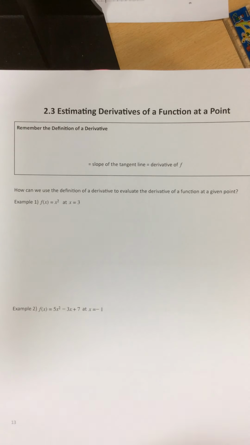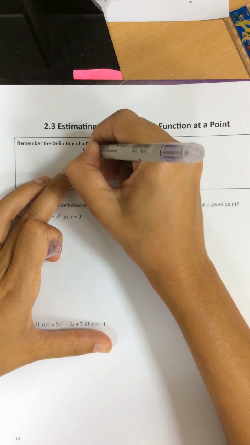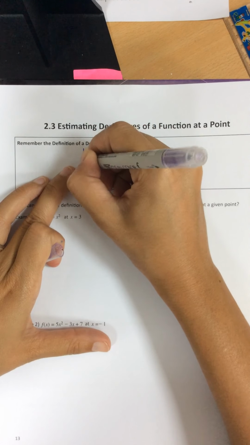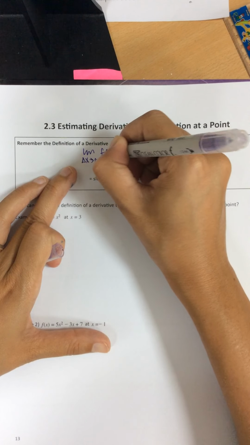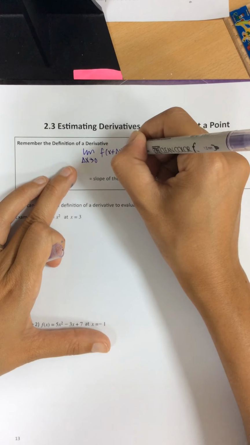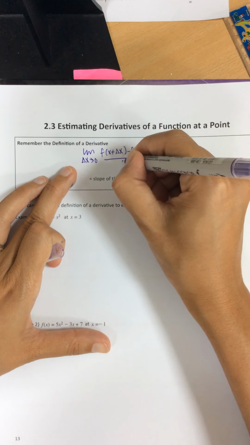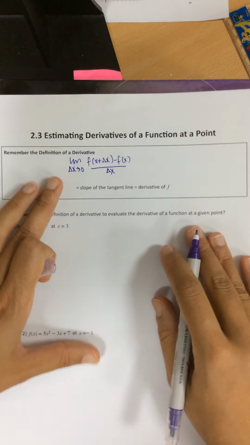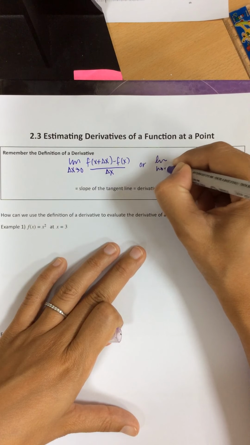Okay, so to do this, you have to remember the definition of a derivative, the limit definition. So we've written it 3 ways at this point. They all kind of mean the same thing. In the definition of a derivative video, I wrote it this way. In the last video, I used H. It doesn't matter.